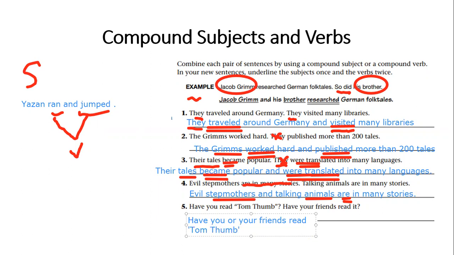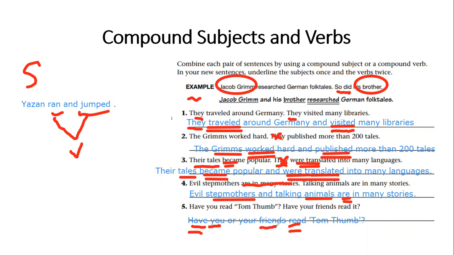And this is a question. We should have put what? Yes, a question mark. So let's see here what we are having. We are having have. This one is a verb, so we're going to underline it twice. And also we are having read. And the subject here is you once and friends once.